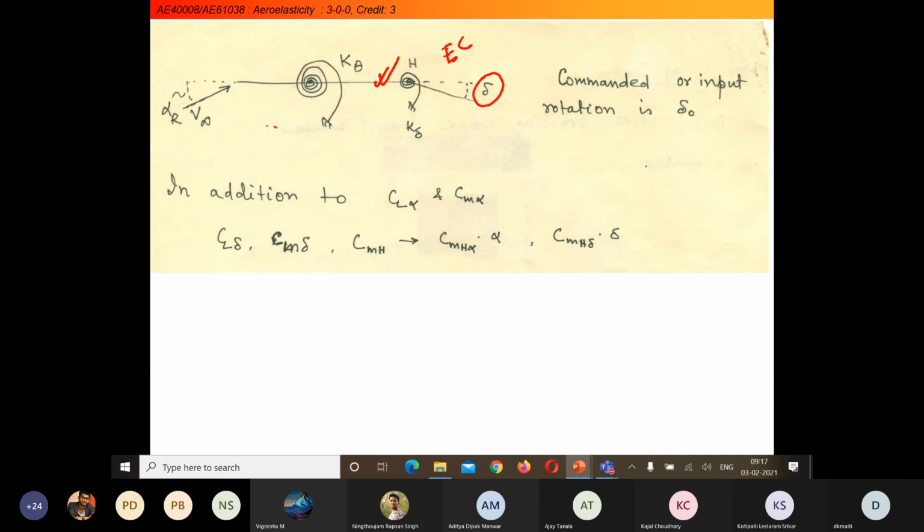One is alpha or theta, alpha plus theta, that is 1 degree, and beta, or sometimes I have considered delta, another degree. This we are calling the torsional motion.